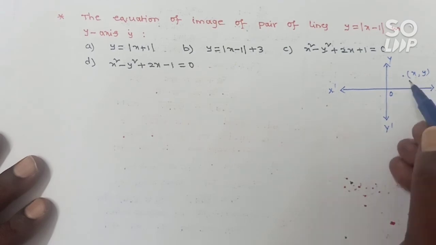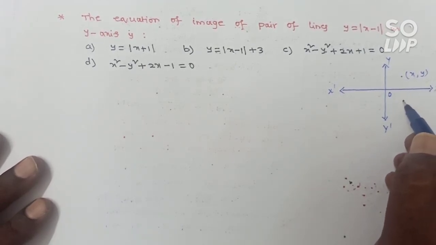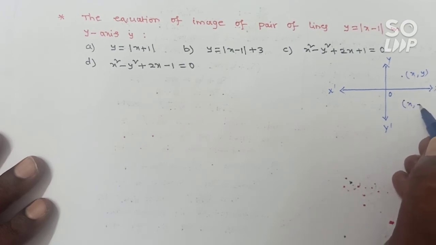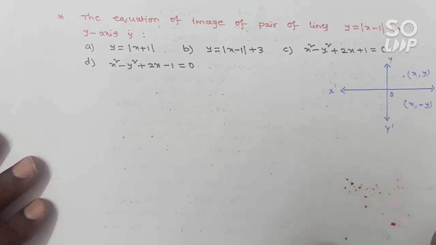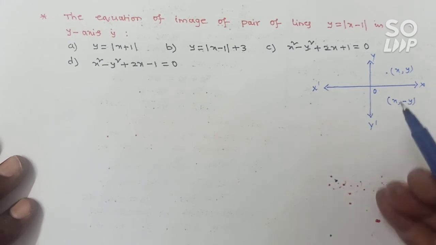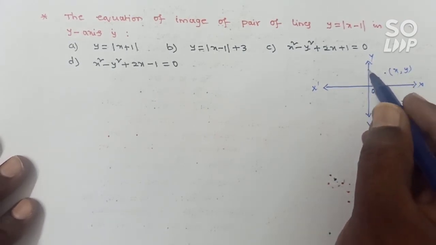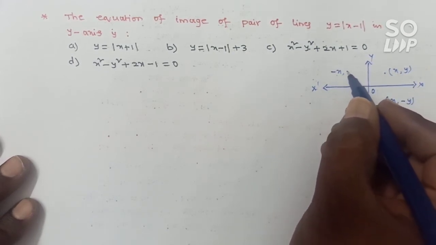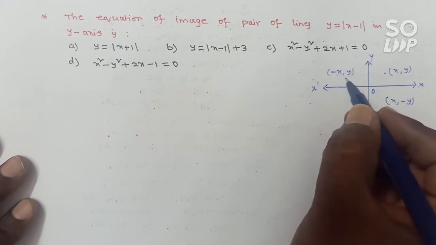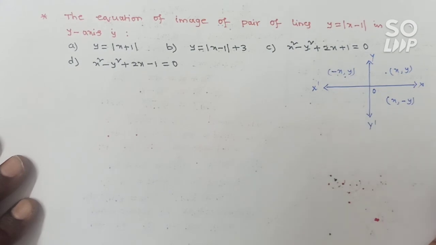Image of this point with respect to x-axis is x comma minus y. That means you have to replace y by minus y. Similarly, image of the point x comma y with respect to y-axis is minus x comma y. That means now you have to replace x by minus x.